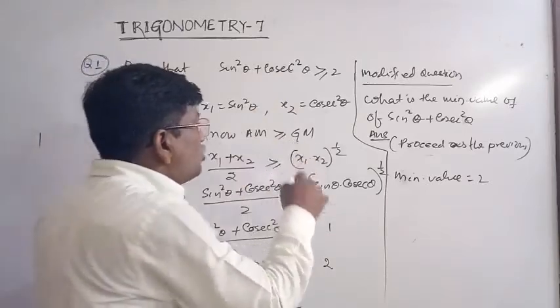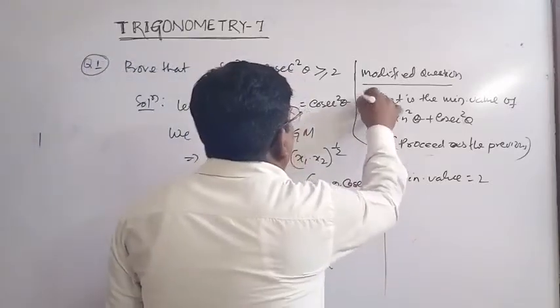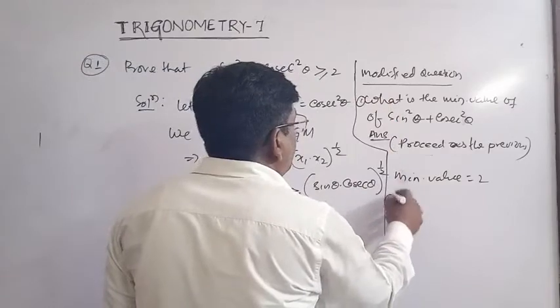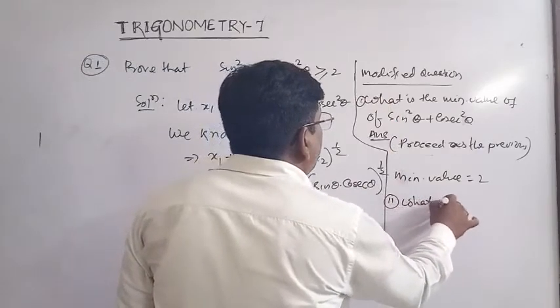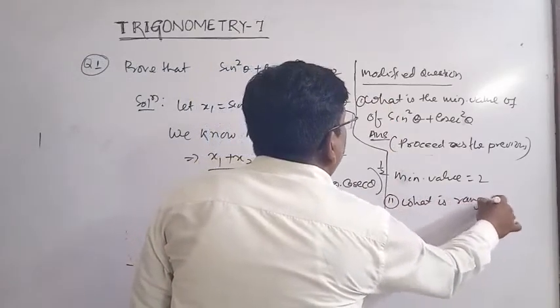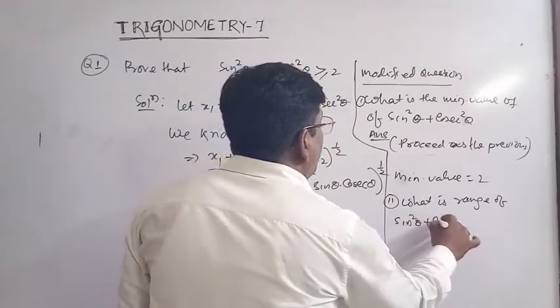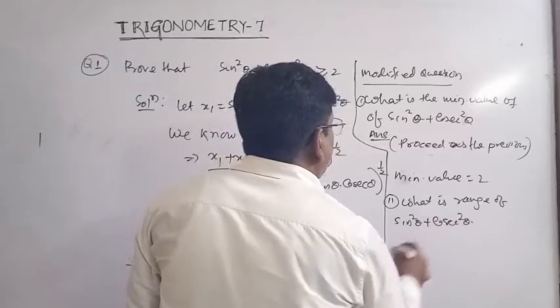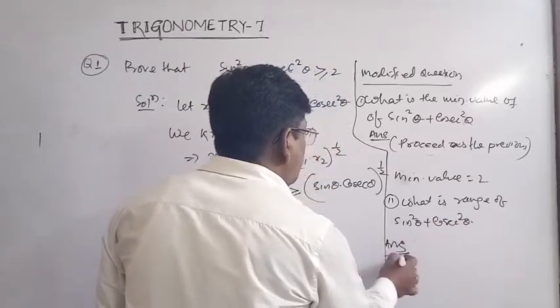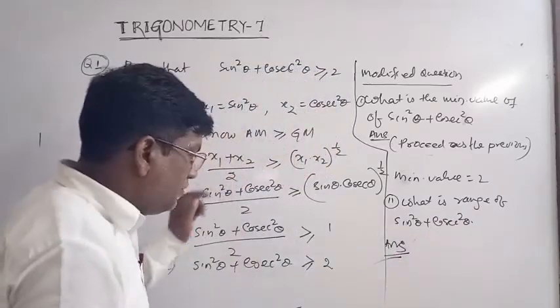Or this question can also be modified as: what is the range of sin square theta plus cosec square theta? Same process as previous.